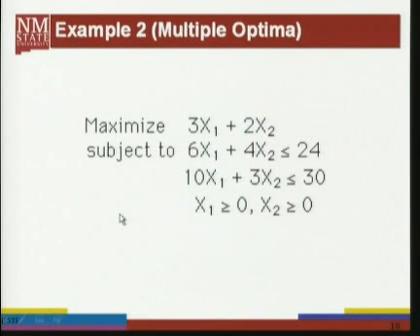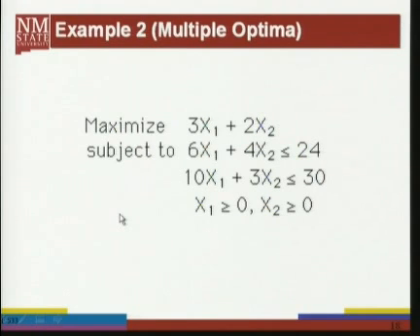Okay, then let's consider another example. Again, before the simplex algorithm can be implemented to solve an LP, the given LP must be converted into the standard LP, right? To convert an LP into the standard form, for each less-than-or-equal-to constraint, we need to define a slack variable.